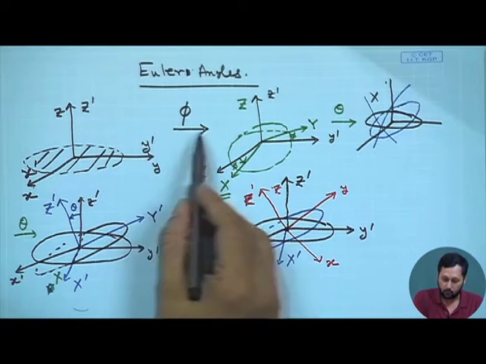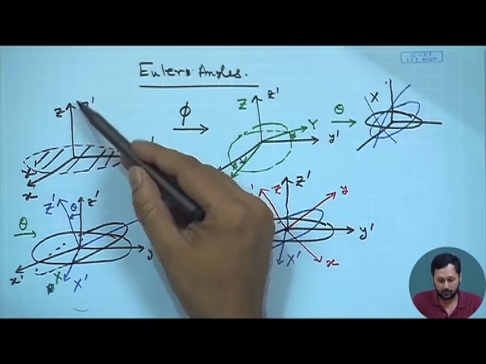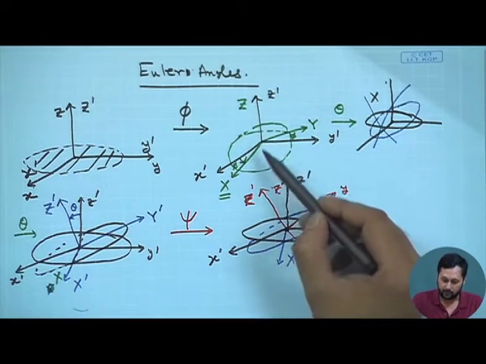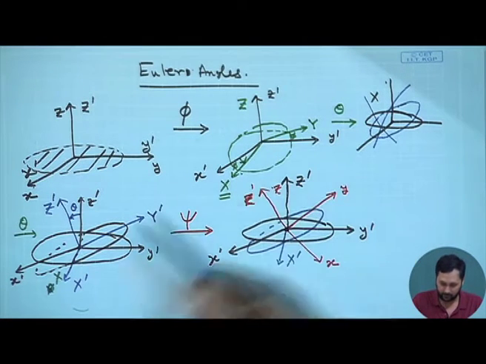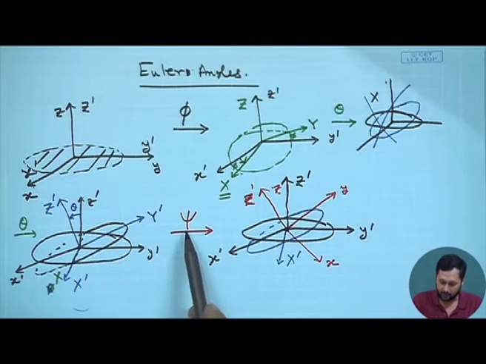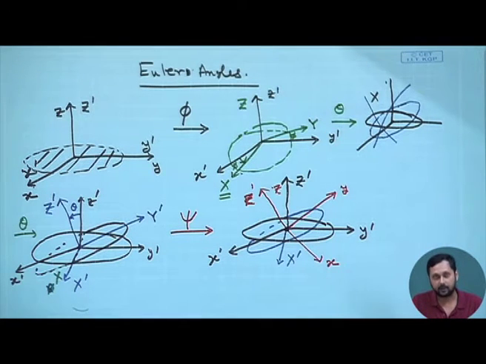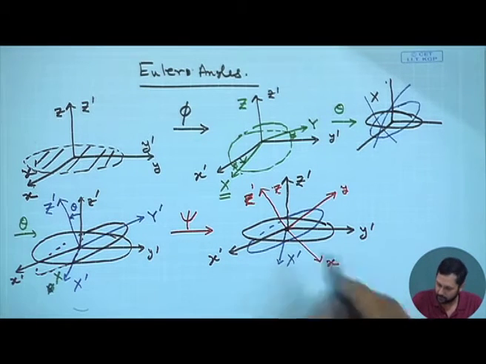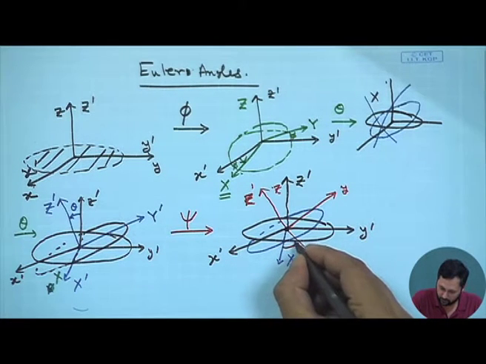So we have the phi rotation, which is around the initial z axis where body and space both coincide. Then the second rotation is around the new x axis, by an angle theta in the anti-clockwise direction, and the last psi rotation is around the new z axis after the second rotation, by an angle which is given here.